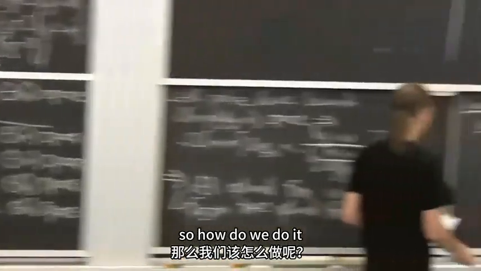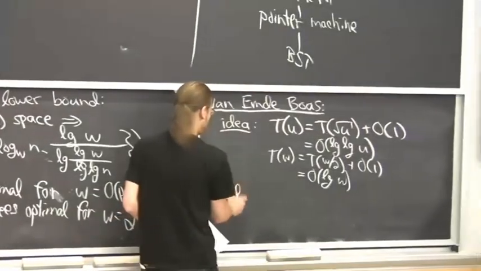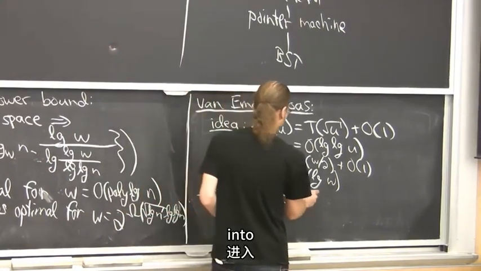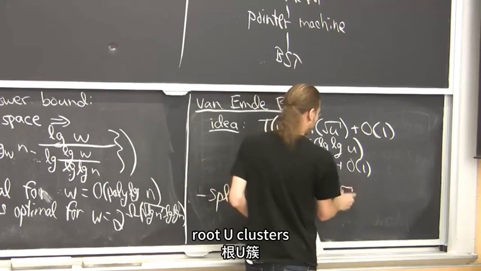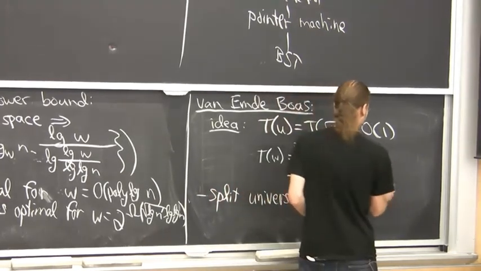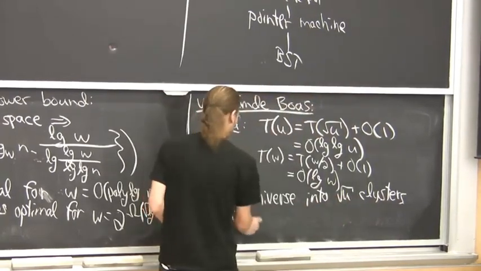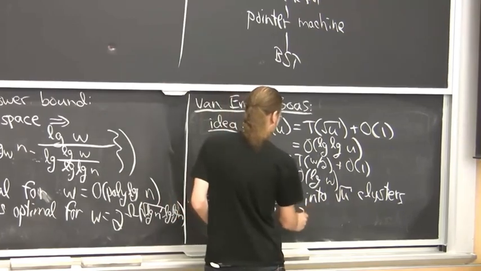So how do we do it? We split the universe into root u clusters, each of size root u.